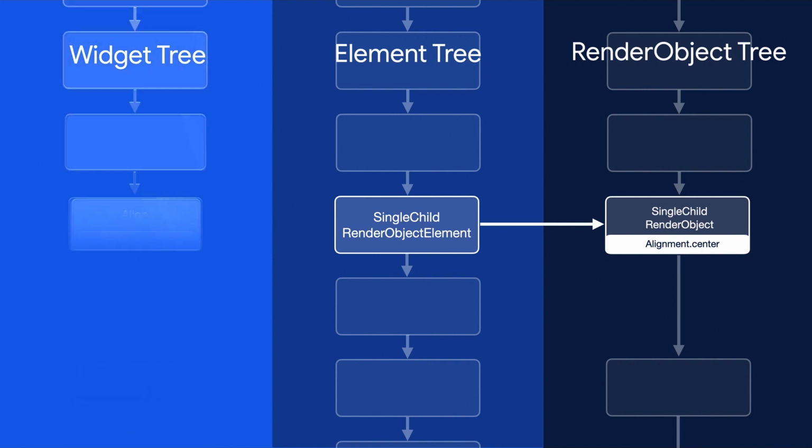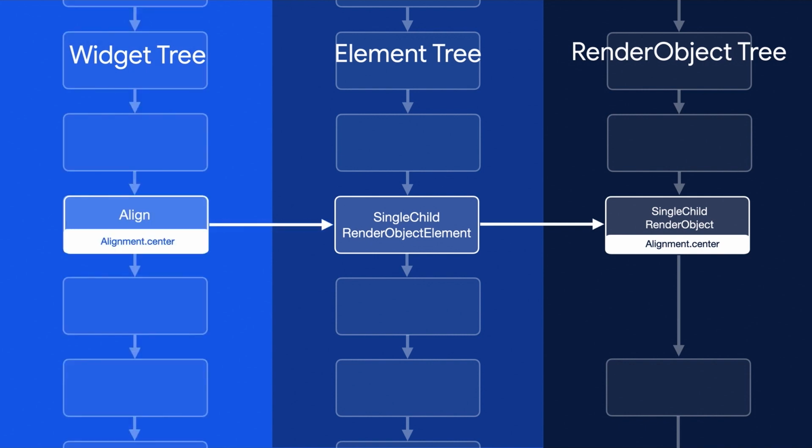What happens if the widget tree is rebuilt? The element will be in charge to update the render object. In this case, as the alignment parameter has not changed, the render object won't position and paint itself again. It doesn't need to. If we update the widget tree, this time with a new alignment, the element will update the render object with the corresponding value, and the render object will mark itself as needing to be laid out again. So, once the trees are rebuilt, all the render objects that are required to be positioned or painted will do so at the same time.